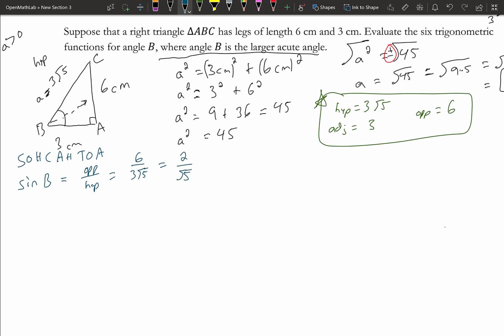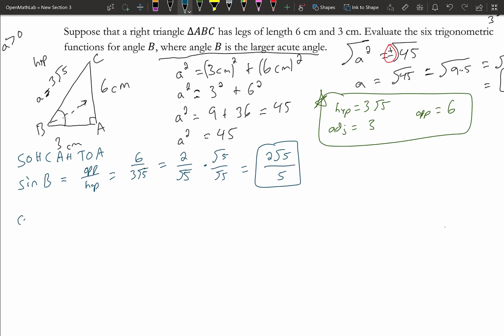Another thing with simplification is we don't want a radical in the denominator, so we need to rationalize the denominator, multiplying top and bottom by radical 5. Radical 5 times radical 5 just gives me 5, because that would be the square root of 5 squared, which cancels. And in the numerator we have 2 radical 5. So that is my final answer for sine B.